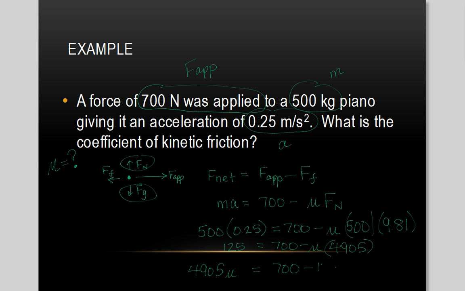The 700 stayed put. So it's 700, take away 125. And then you have to divide out the 4905. This is mu right here.